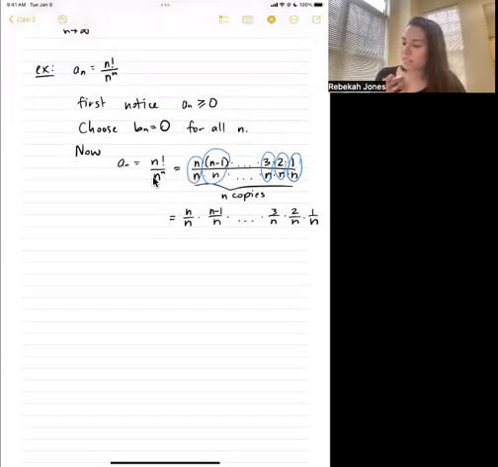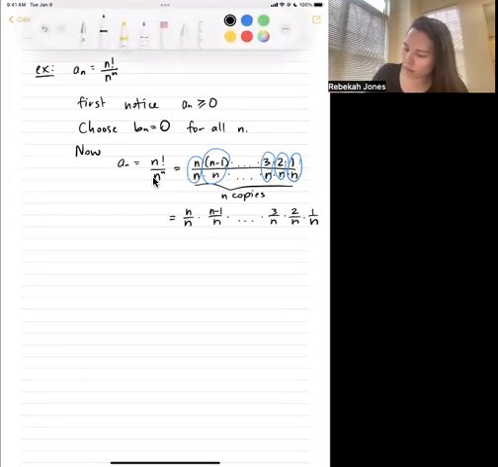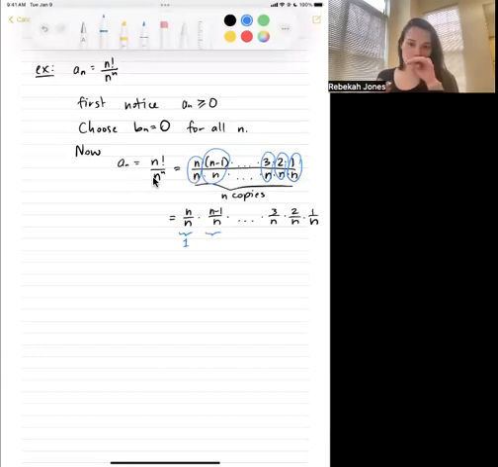Looking at each of these, starting at the first one, this just simplifies to 1. The next one doesn't simplify to 1. It's going to be something slightly smaller, because we reduced the size of the numerator.